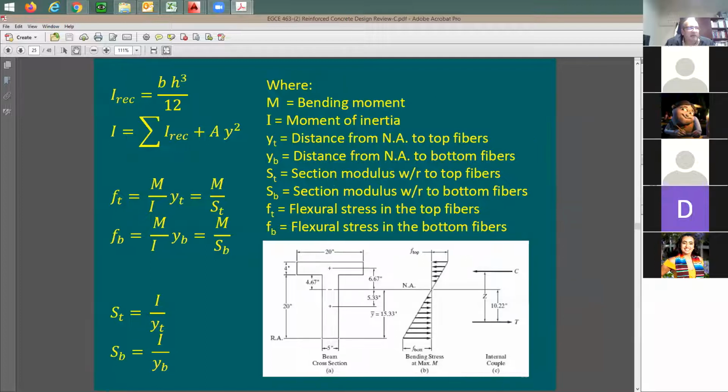If I may add an arrow, it's going to be this distance, say from here to here. We call this y top. What is y bottom? The distance from the bottom all the way to the neutral axis, this distance here. What do you call this? It's going to be y bottom. It's going to be very important that we know exactly which distance we're going to be using. Interested in the stress on the top, what would you do? You use this, right, in your equation.